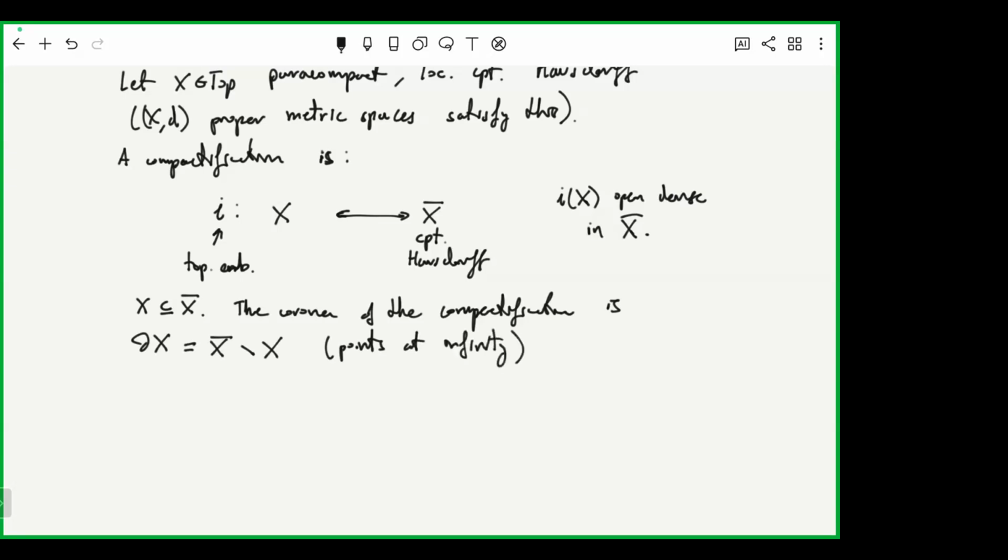So following this idea, it should be possible to use this embedding to know when a subset of X squared is going far away in a non-controlled way, right? So I want to use this compactification to know which relations, which subsets of X squared are controlled. So that's what I will define now.